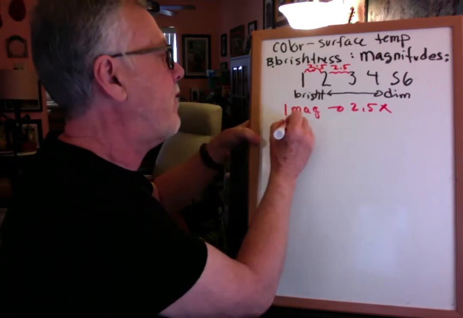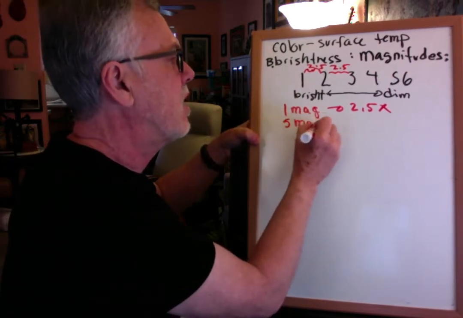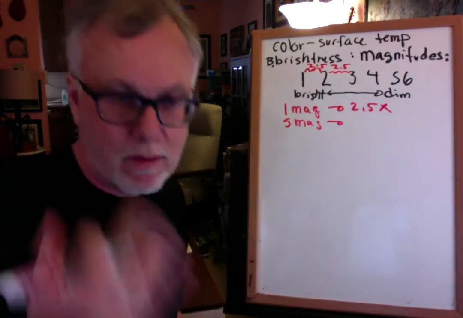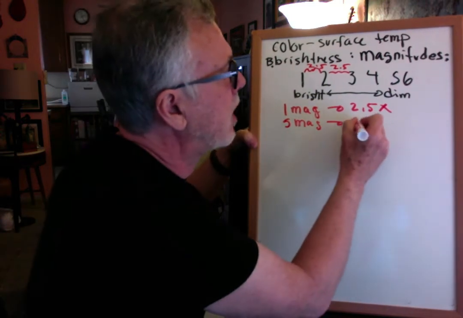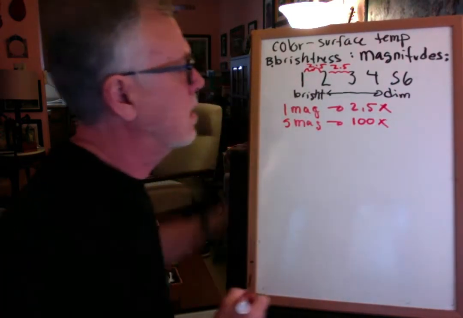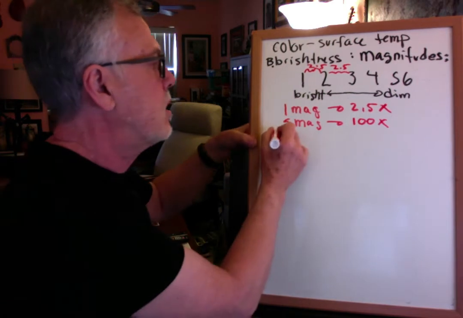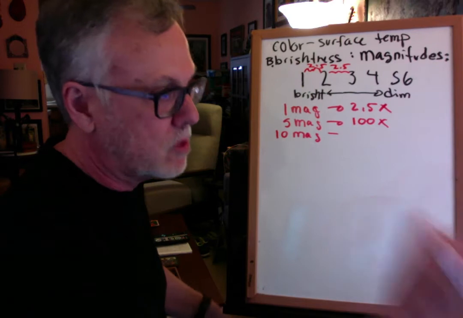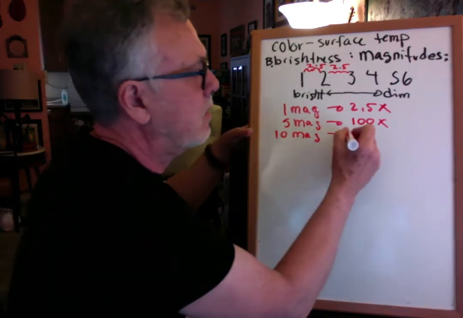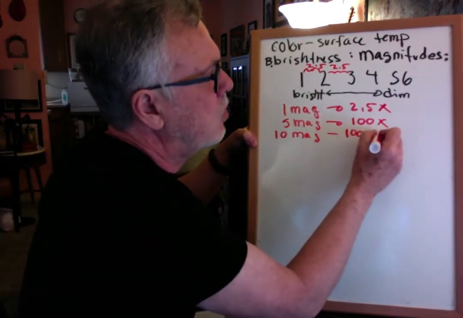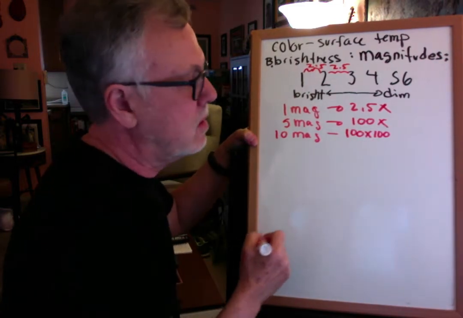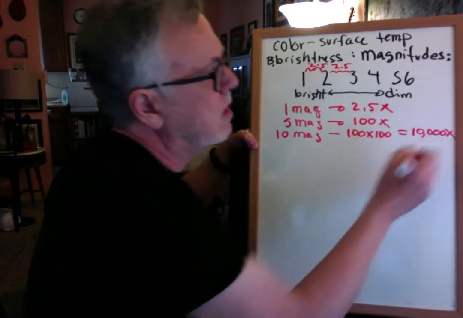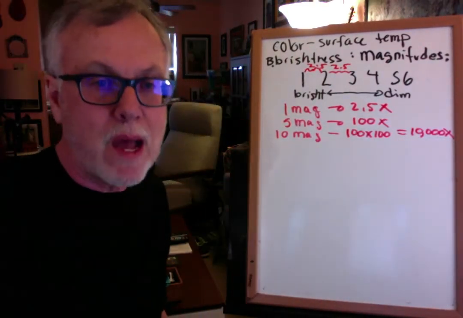It turns out that 5 magnitudes is 2.5 times 2.5 times 2.5 times 2.5 times 2.5, 5 times, and that's roughly a 100 times difference in brightness. 10 magnitudes is 100 times 100, which is about 10,000 times difference in brightness between stars 10 magnitudes apart.